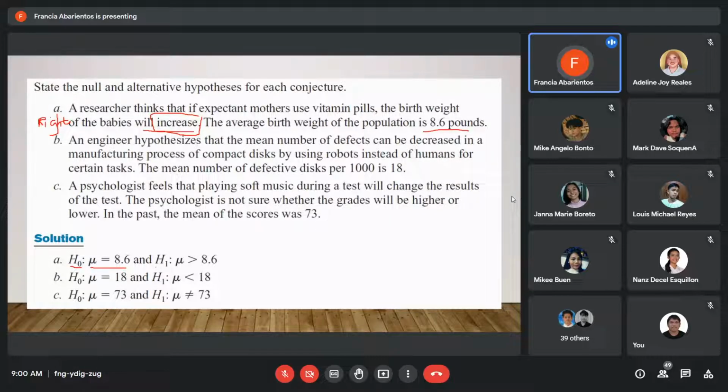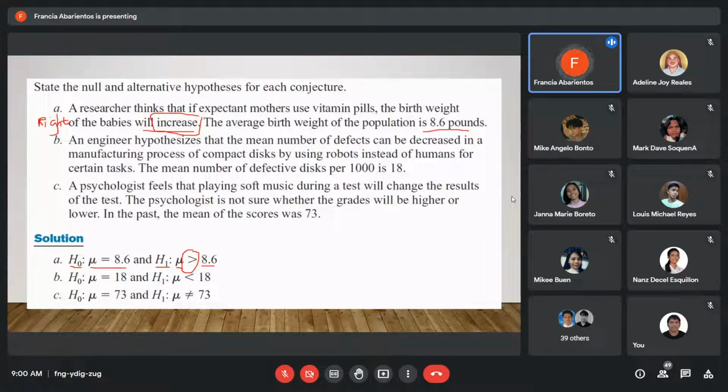And we have now the alternative hypothesis, which is your mean. Since the researcher wants to increase the birth weight of the baby, take note that this falls under the category of a right-tailed test, since greater than.